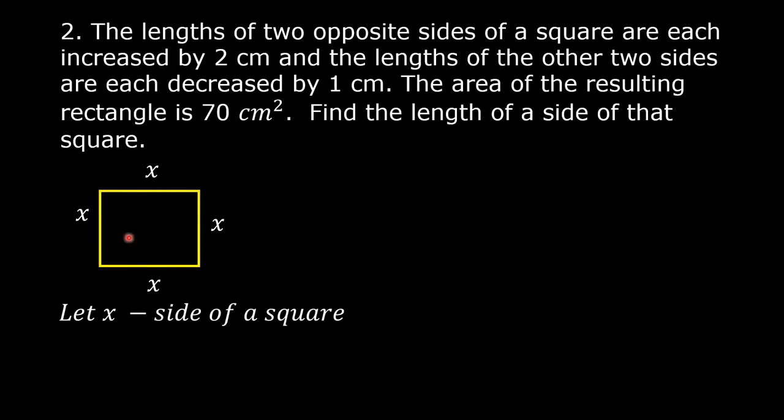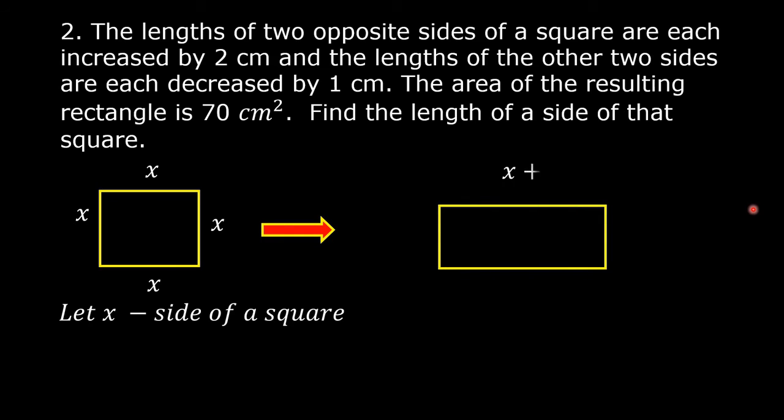Let us say these are the two sides. This is decreased by 1 centimeter, so x minus 1, and this one by 1 centimeter, x minus 1. So x plus 2, and then here x plus 2, x minus 1, x minus 1.